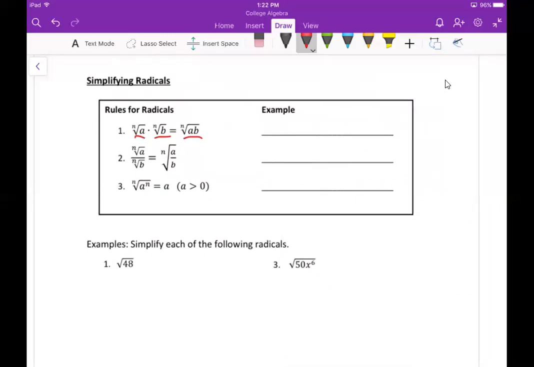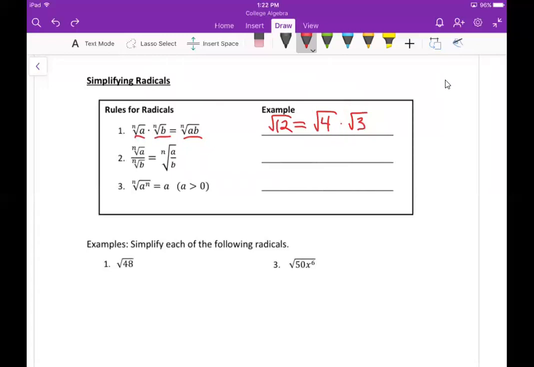If I have the same root, I can multiply under that root. So if I have something like the square root of 12, I could break that up into any of its two factors, something like the square root of 4 times the square root of 3. And then I can actually take the square root of this perfect square number and simplify this first expression. That's what we're going to be working on now that we have that rule.